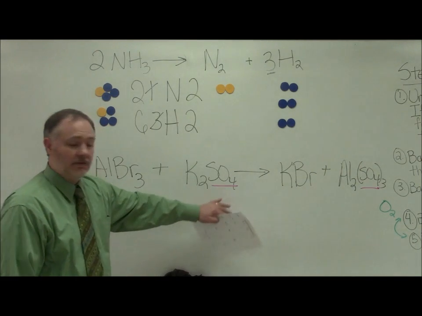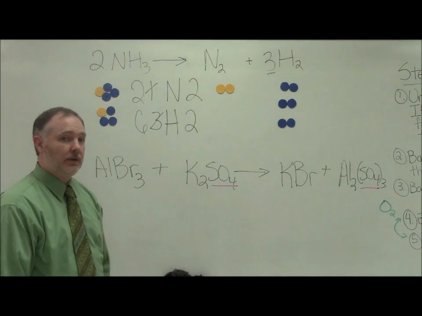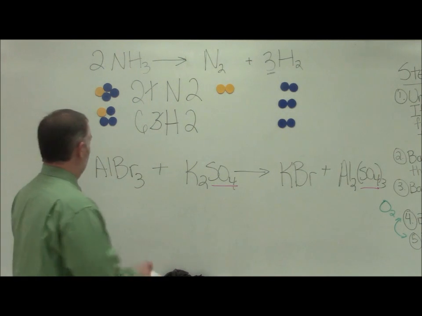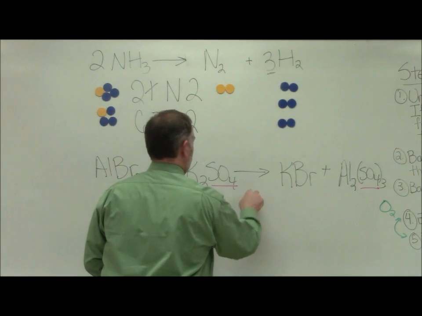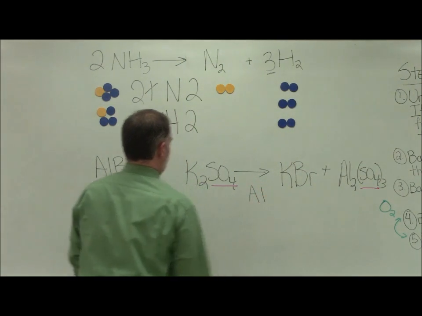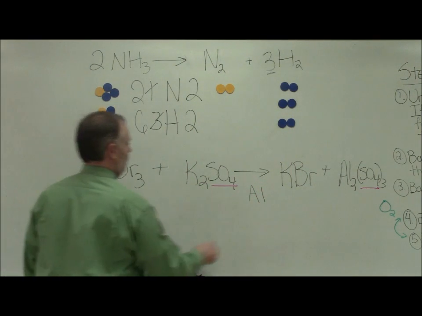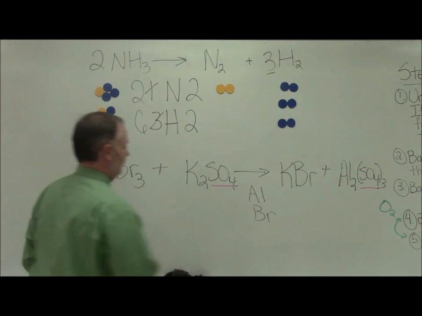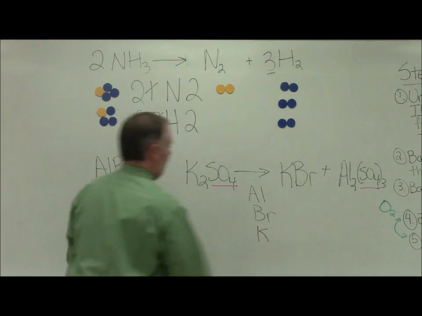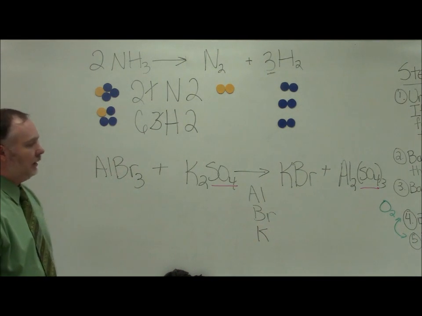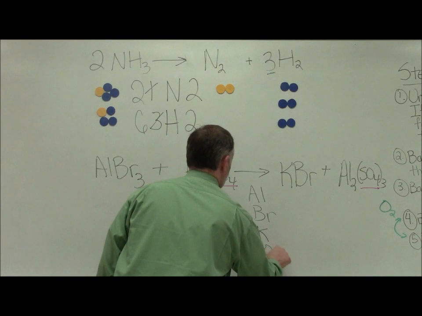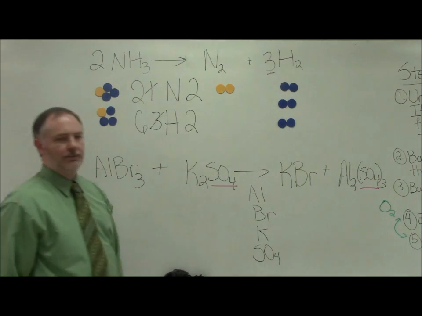The sulfur and the oxygen are part of my sulfates. I'm not going to do that. I'm going to do sulfate together, as you're going to see. So we might as well start with aluminum. And then bromine, and after bromine, potassium. And the last thing we're going to do here is do the SO4 together.